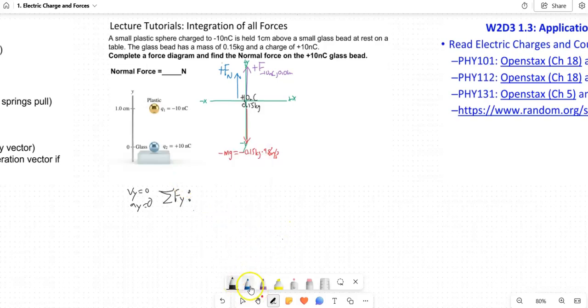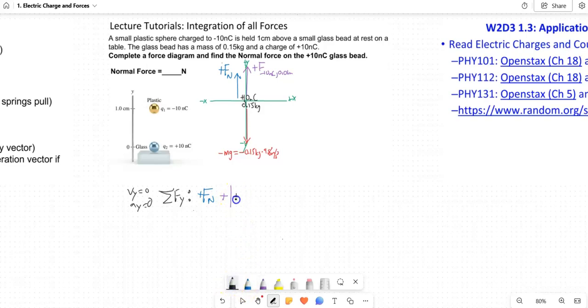All right. Now that I've got this written out, I'm going to take all this and copy it down here. The first thing I'm going to do is write this. This is the normal force. So I got that one. Now I'm going to do the purple force. The purple force is pointing up.